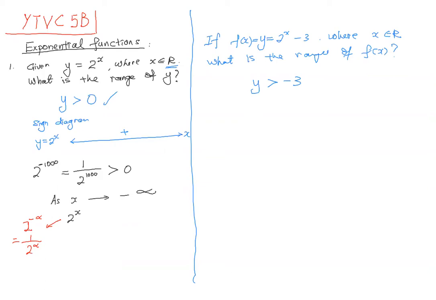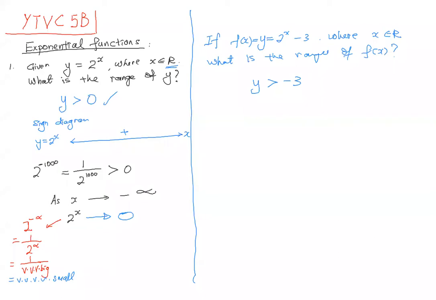So this will become 1 divided by very, very big. So it will become very, very what? Johan? It will become very, very small. But it's positive, correct? So it becomes 0.